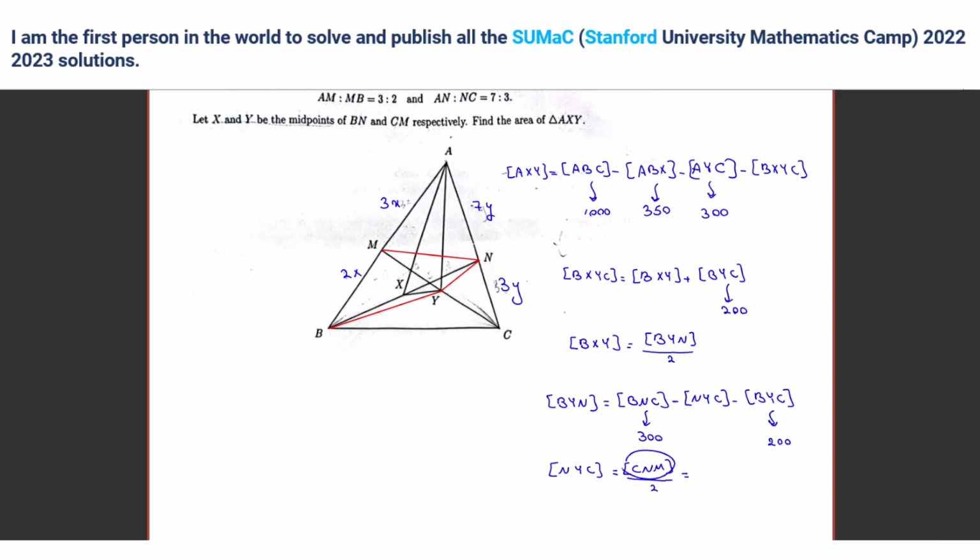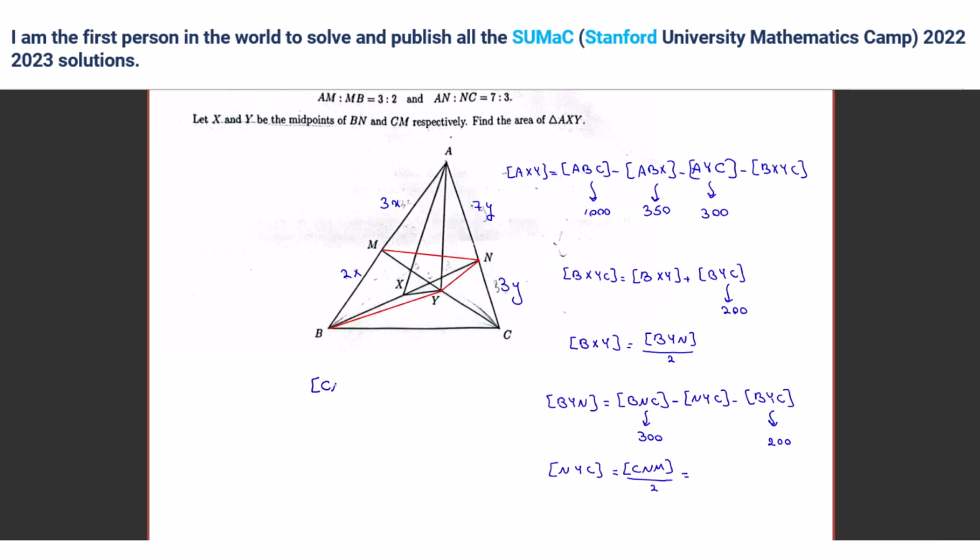Which one is 90, CNM or NYC? CMN is 90. Yeah, AMC divided by 10 times 3. Oh, 600 divided by 10 times 3. Yeah, it's 180.